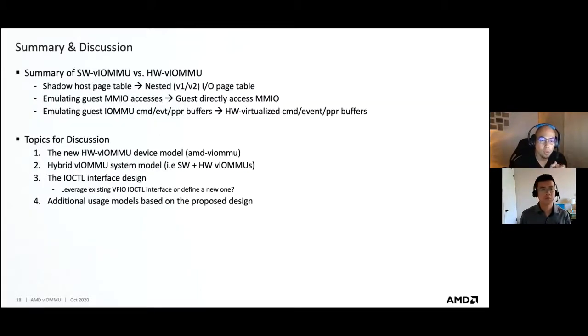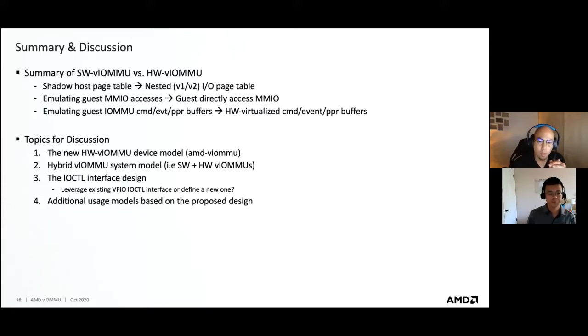So to summarize, so far we've been comparing the software versus the hardware IOMMU and trying to show how the hardware IOMMU helps improve performance for the guest IOMMU for the pass-through device by, instead of using the host page table, now using the nested IO page table.